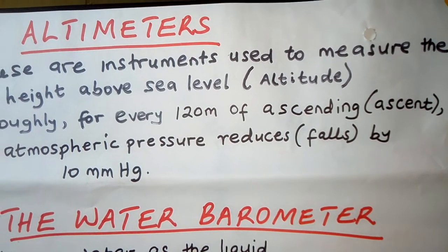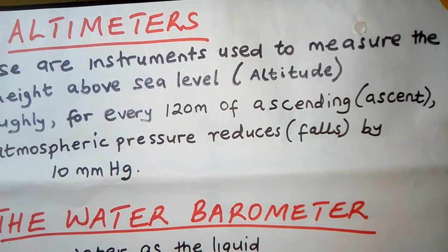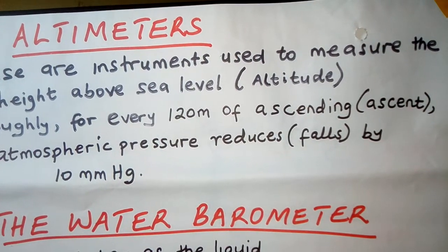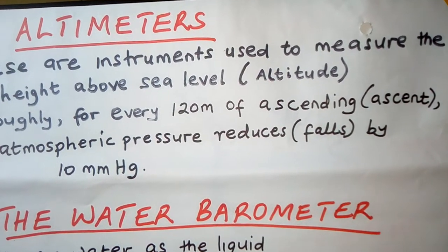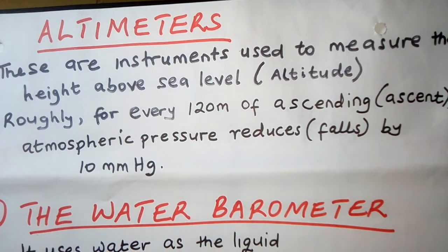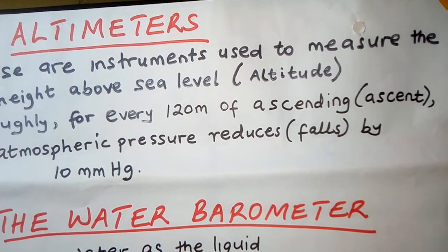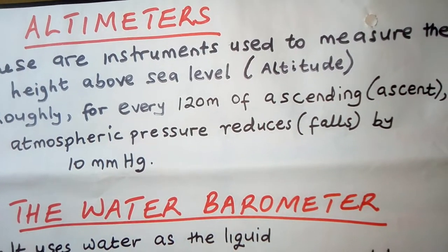As you continue another 120 meters, the reading would be 740. So this gives us an impression that as altitude increases, atmospheric pressure reduces.